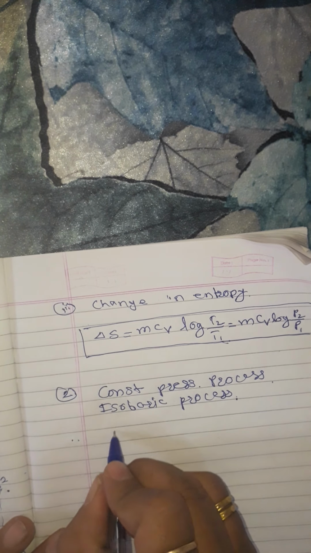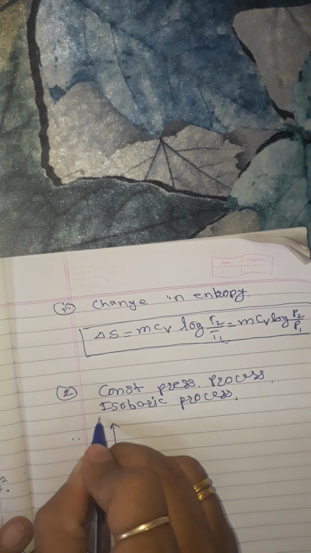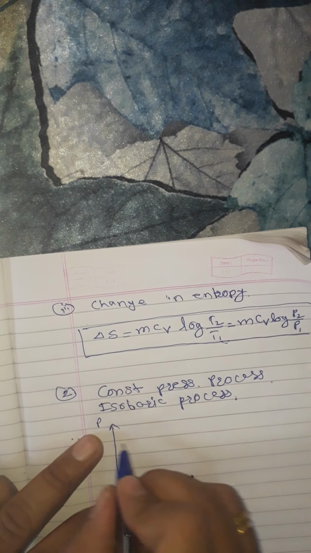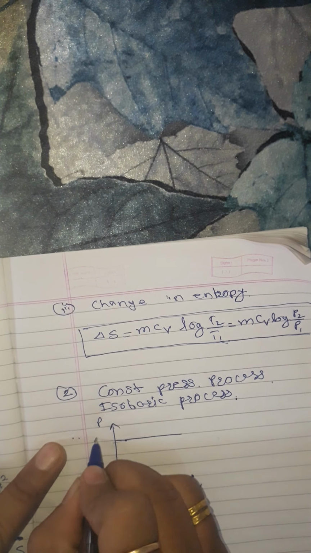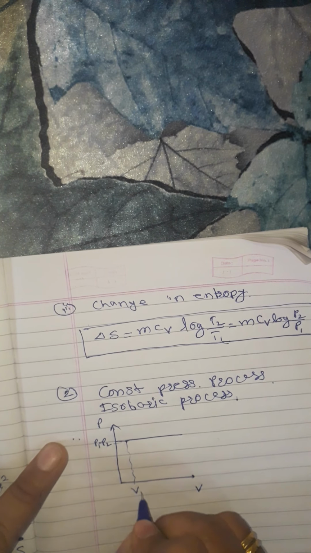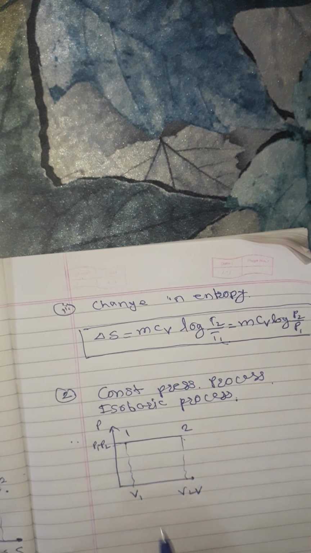So I will represent this first. Suppose this is the PV plane, right? Here which quantity is constant? Pressure. So this is pressure constant, this is P1, P2, which are both the same. This is V1 and this is V2, this is 1 to 2, right?